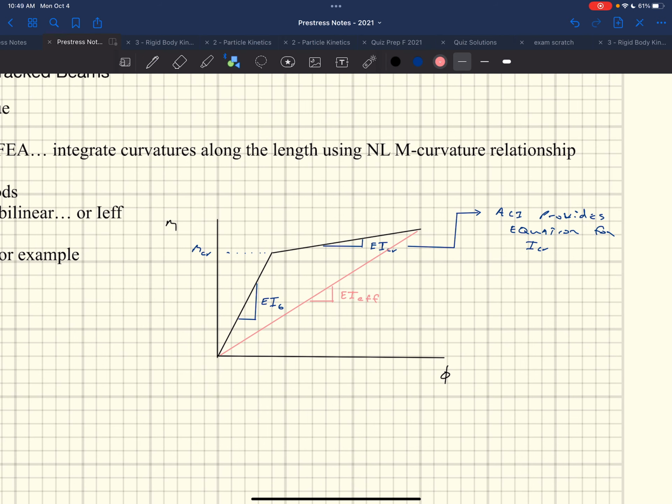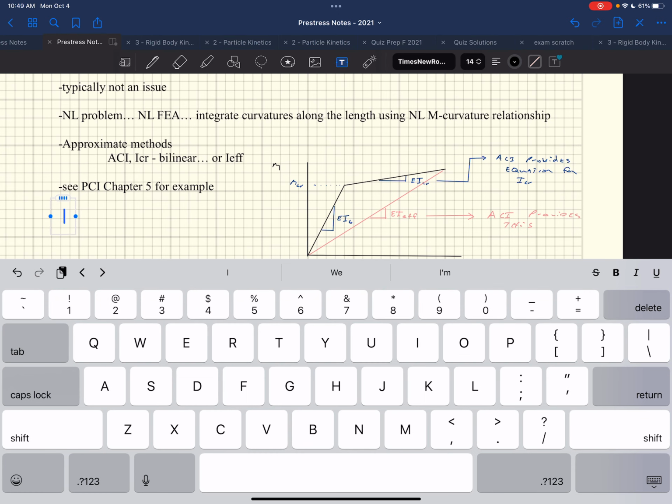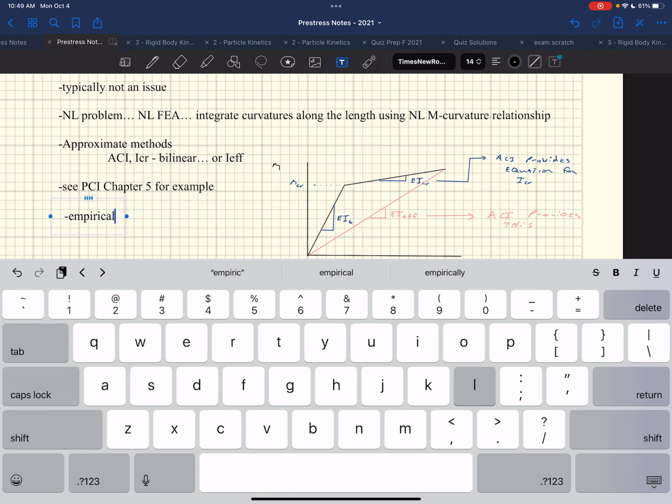And then ACI also gives you this. Right? It's all very empirically based. Right? They just ran a bunch of tests.